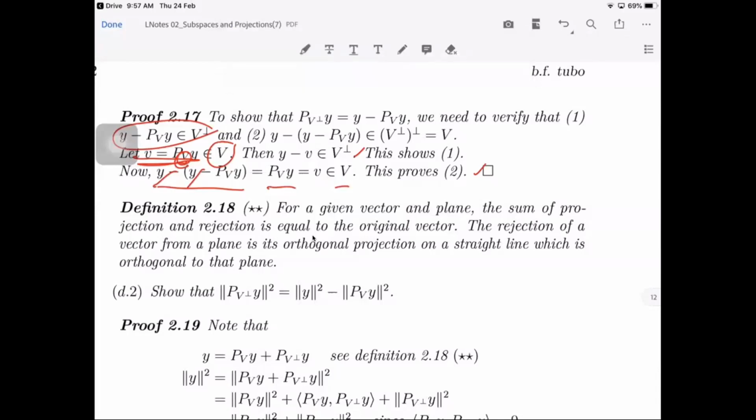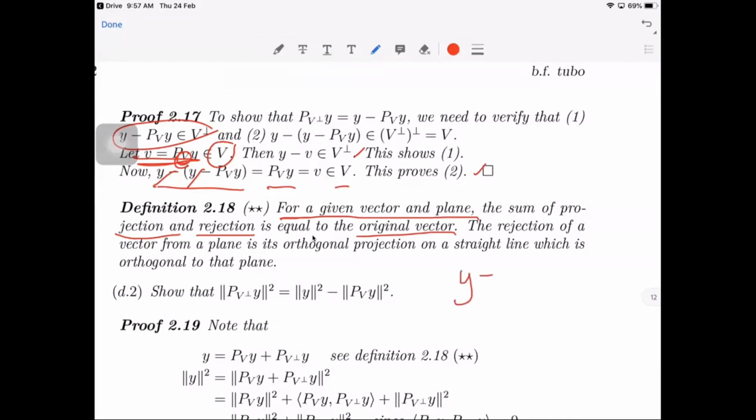We have a definition here of what a projection is. For a given vector and plane, the sum of projection and rejection is equal to the original vector. So what does that mean?